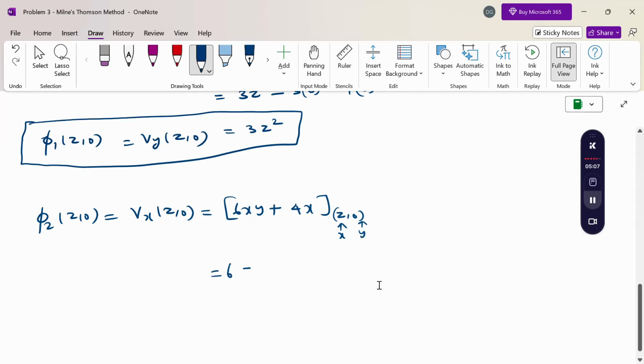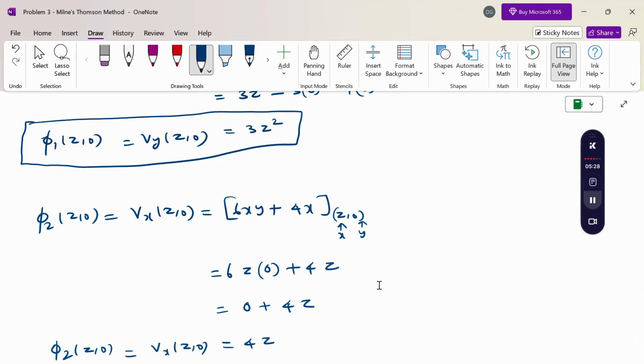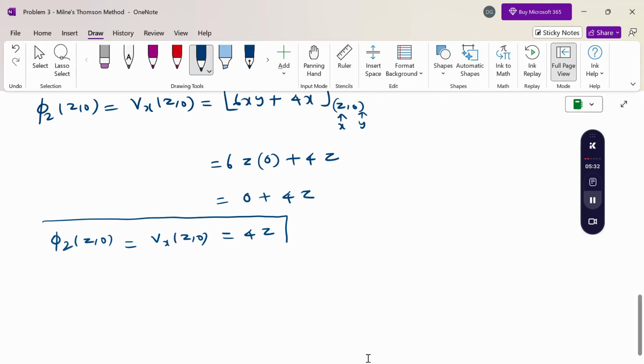Therefore 6 z times 0 plus 4z. The first term is 0, so 0 plus 4z, 4z. So this is the phi 2 value.